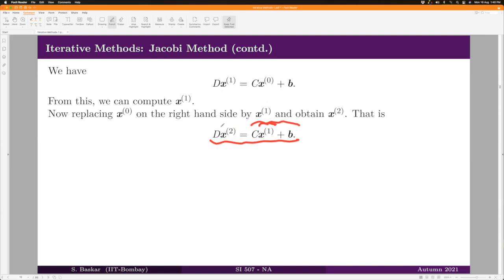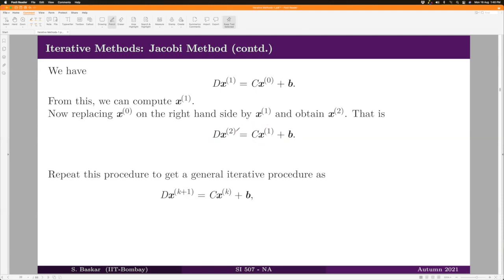And whatever comes out as the solution of that diagonal system, you can call it x2. Now you go on doing this. In general, you got a vector xk, you plug it into the right hand side here and solve this diagonal system, and whatever solution comes out of this diagonal system, you call it xk+1.